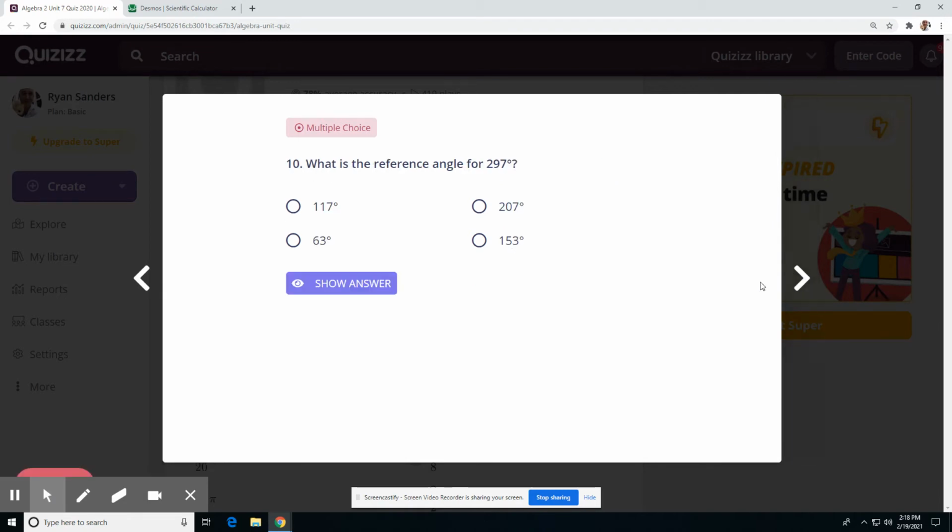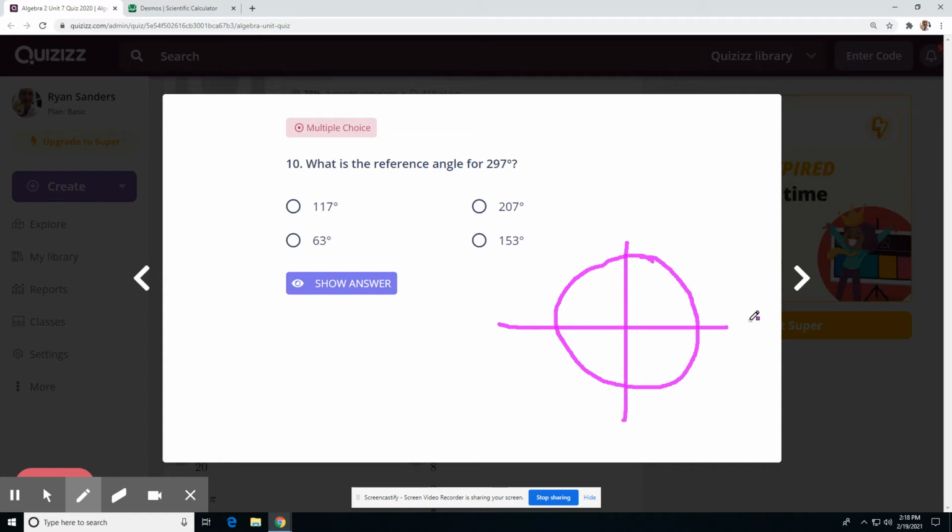Reference angle for 297. Same idea, but you're in degrees. That's a lot easier. So, we got our 0 and 360. We got our 90, 180, 270. These are all degrees.